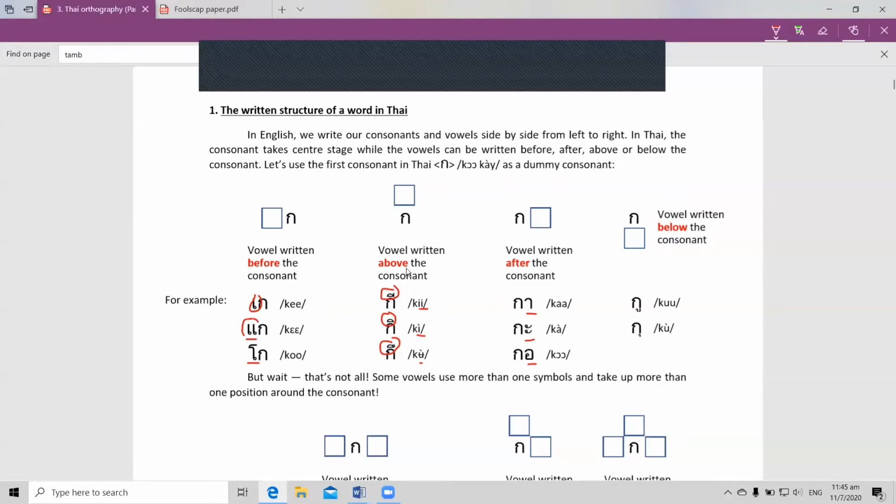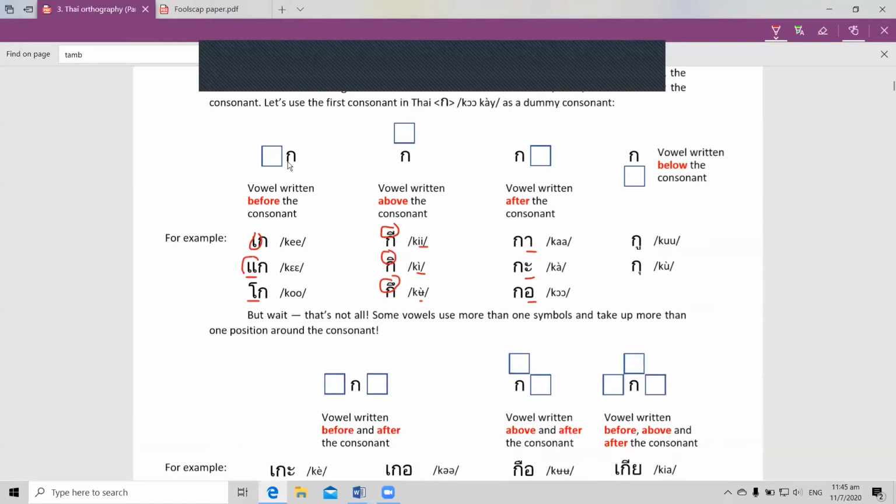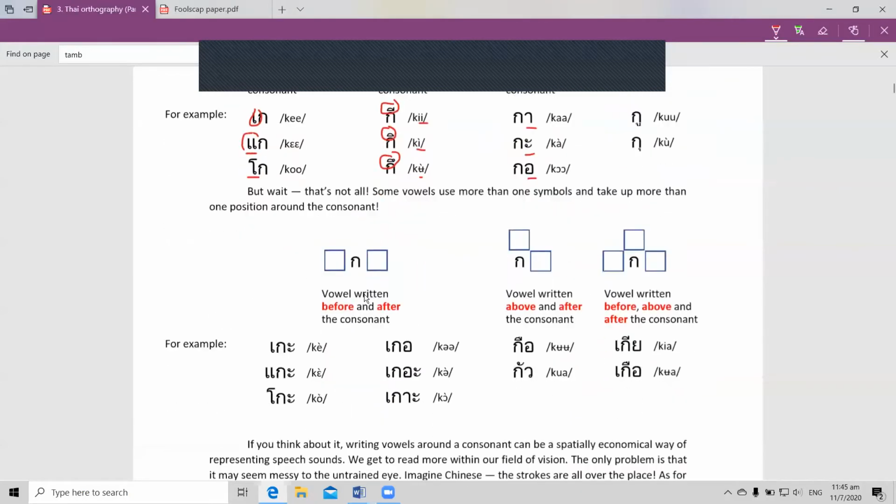Okay, apart from just writing the vowels to the left, right, on top and below the consonant, we can also have a combination of positions because some vowels use more than one symbol. So for example, the short E sound, right? We use this and this. So these two together is the E sound, and then the consonant is written in between.